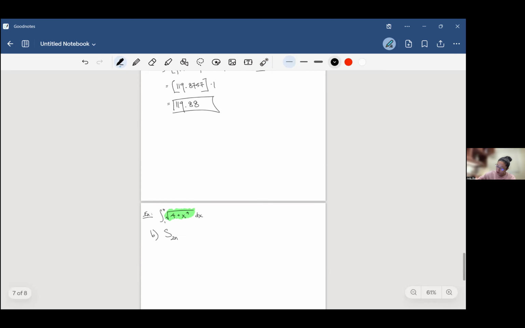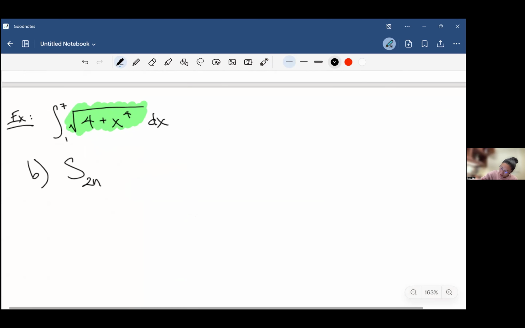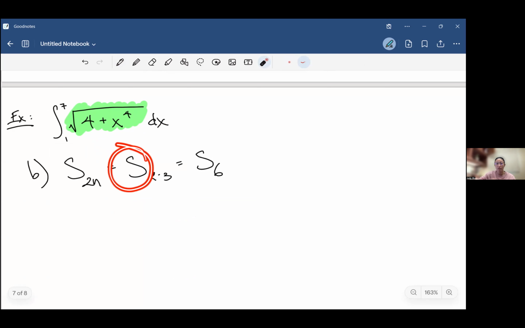Okay, so what that means for us is S of 2 times 3, or we're going to find 6 divisions here. And all of the divisions at the top, because we're using Simpson's, will be like rounded little parabolas. Okay. Now, the nice thing is we follow all of the same steps, except our formula is different.